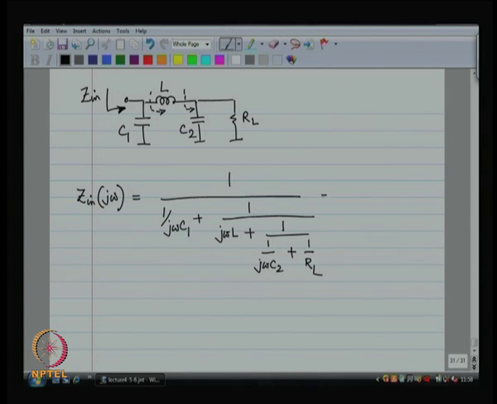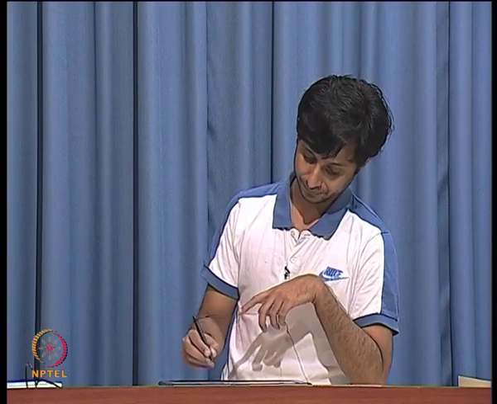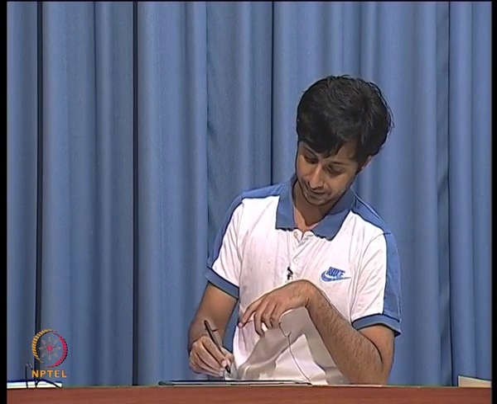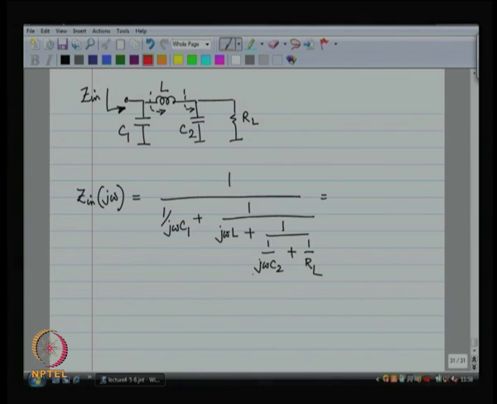So, the net quantity can be simplified to what? First of all, let us try to simplify this lowermost quantity. This is, yes, and actually it is never written in this fashion.